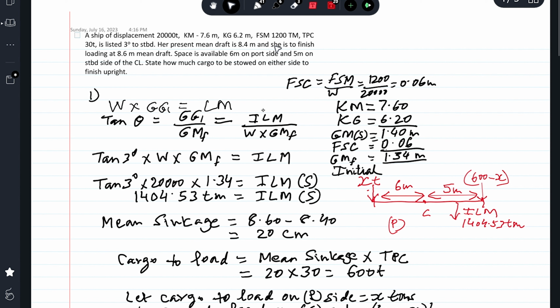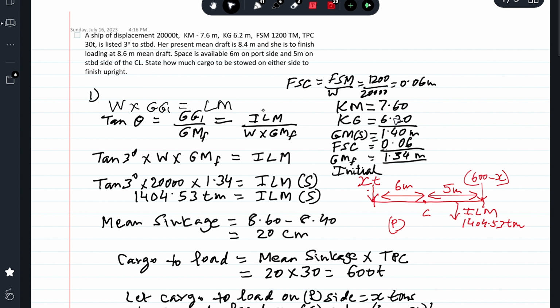GM fluid will be, first we have to find the GM fluid, okay. So what is free surface correction? FSM upon W, displacement. FSM is 1200 tons and displacement is 20,000. So FSM upon displacement, 1200 upon 20,000, gives 0.06 meter is the FSC.